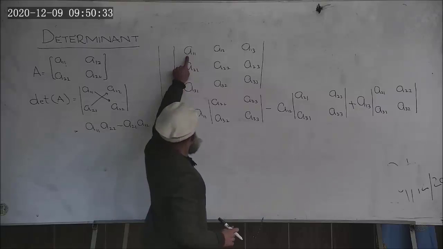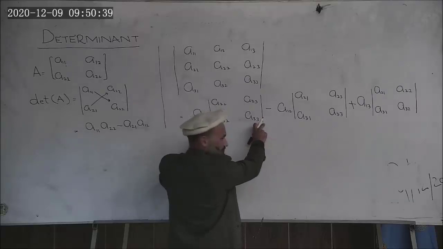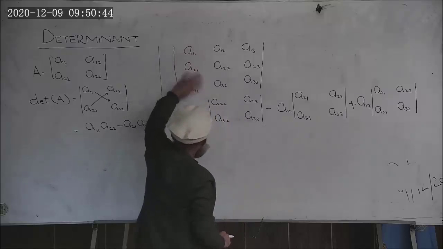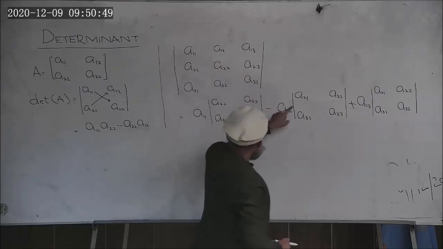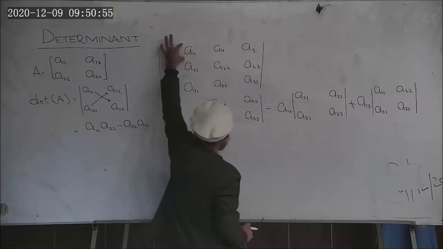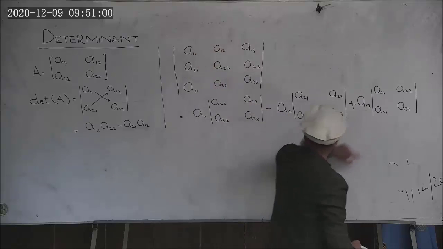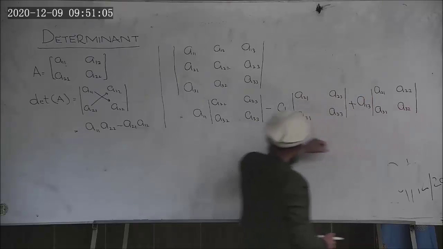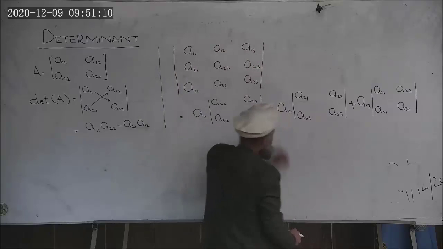This first element multiplied by this determinant of a 2 by 2 matrix, which is obtained by omitting the first row and first column, minus A12 multiplied by the determinant of a matrix which is obtained by omitting the first row and second column, plus A13 multiplied by the determinant of a 2 by 2 matrix obtained by omitting the first row and third column.